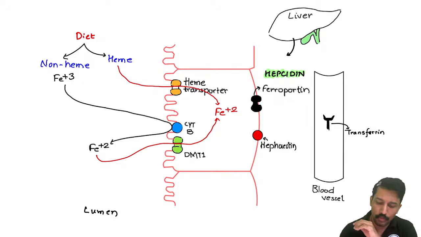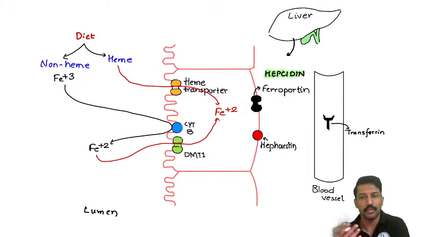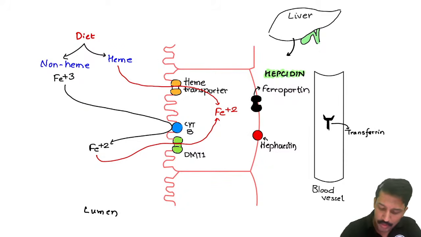Some of it will be stored in the epithelial cells itself, and some will be packed to the blood vessels. Whatever is going to be stored will be stored in the form that we call ferritin. So we know that ferritin is the storage form of iron.